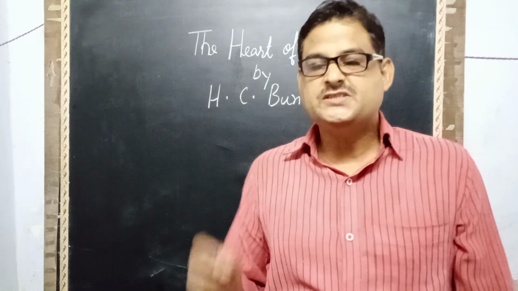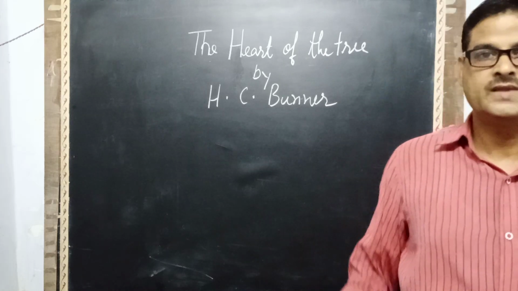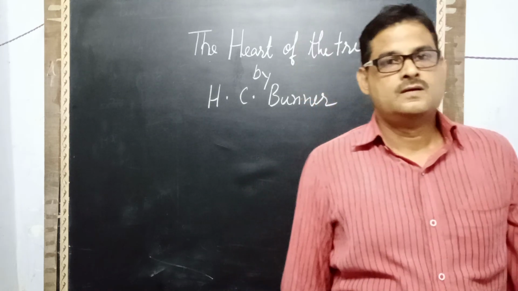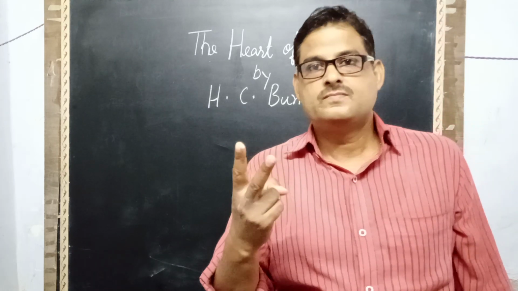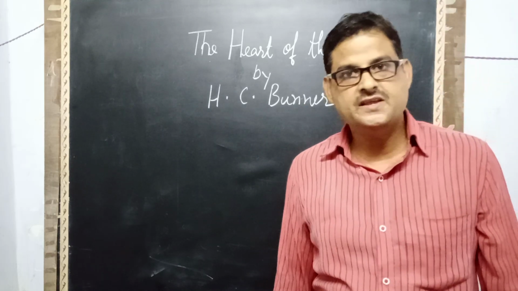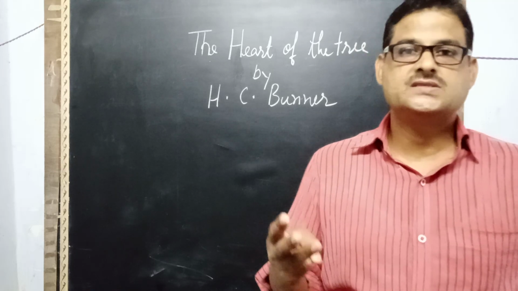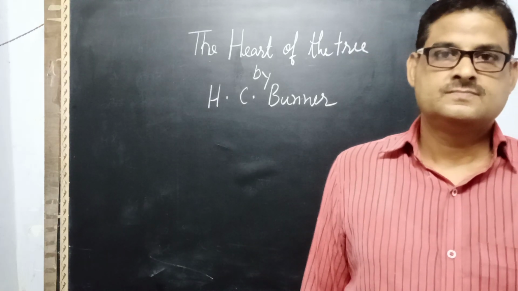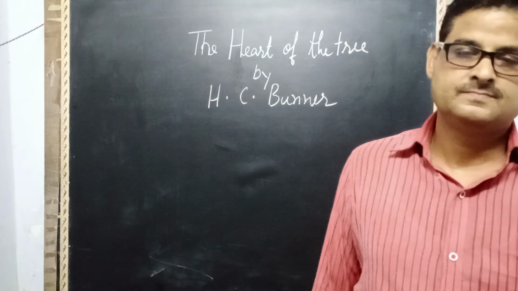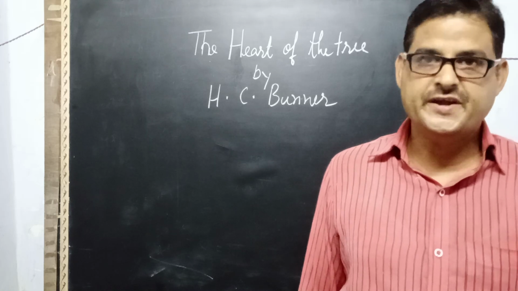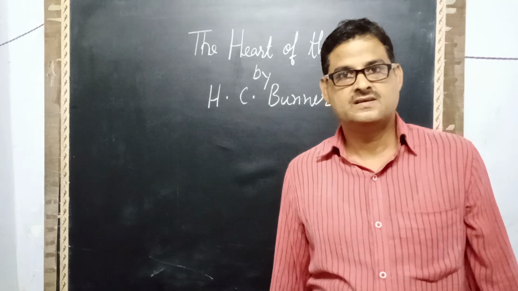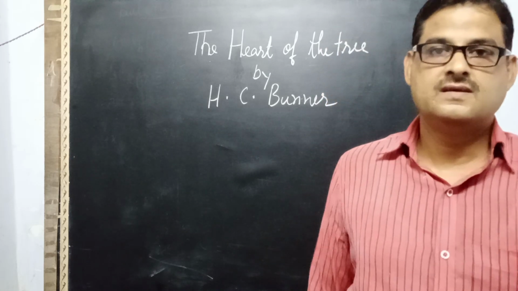Third important point which you have to keep in your mind is about the stanza form of this poem. A 2-line stanza is called a couplet. A 3-line stanza is called tercet or triplet. A 4-line stanza form is called quatrain. 5-line, quintet. 6-line, sestet. 7-line, rhyme royal.